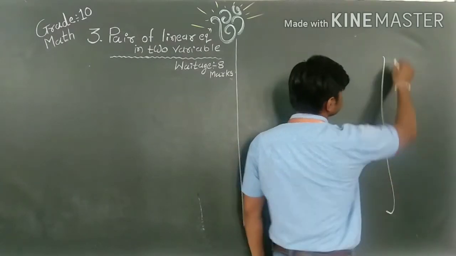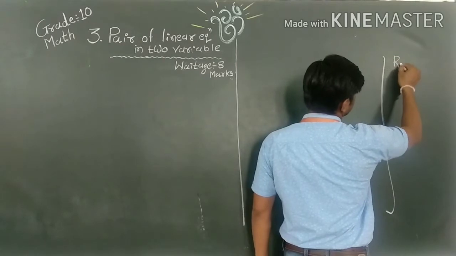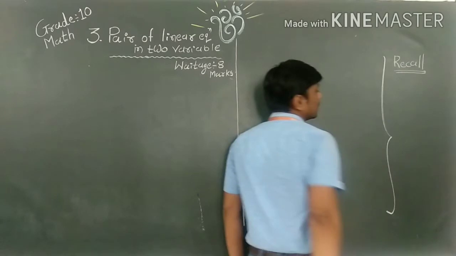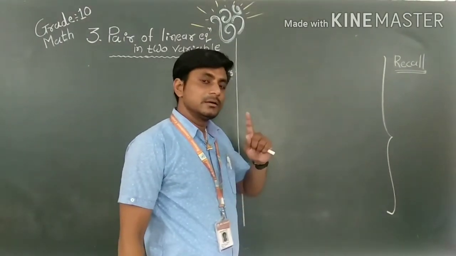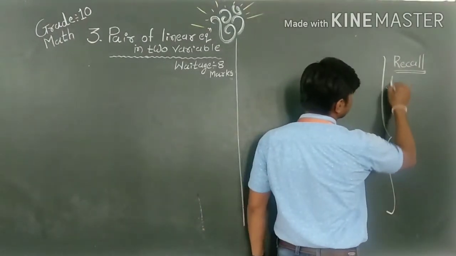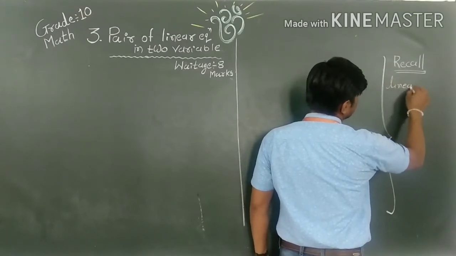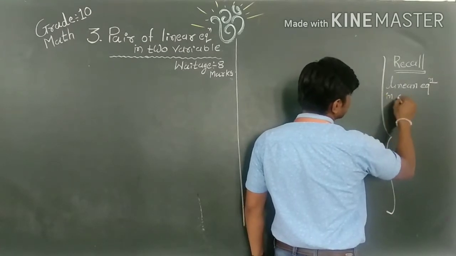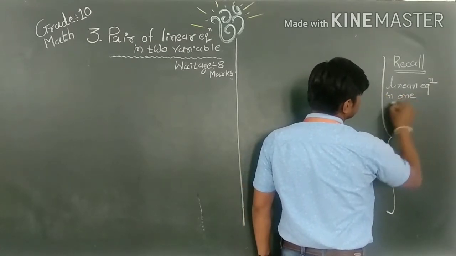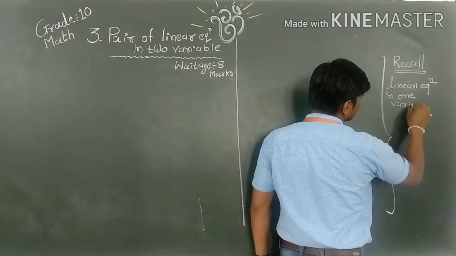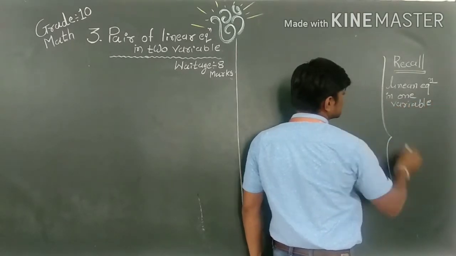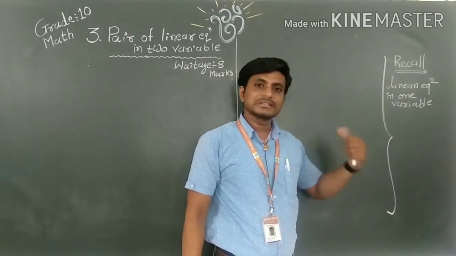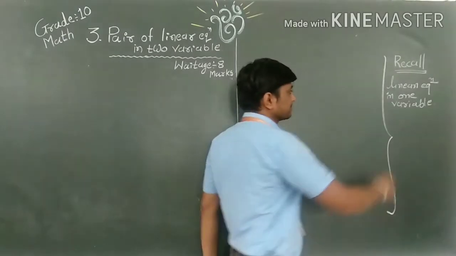First we recall linear equation in one variable. What is the standard form of a linear equation, or you can say of a linear polynomial?